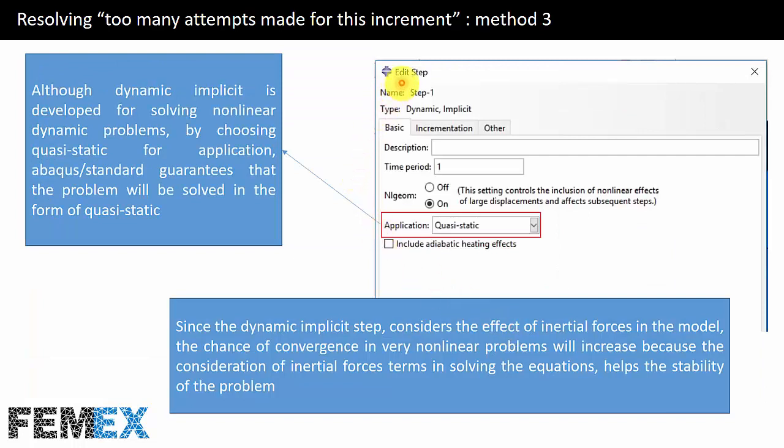This is the dynamic implicit settings dialog box. Dynamic implicit step is developed for solving nonlinear dynamic problems. By choosing quasi-static for application, Abaqus standard guarantees that the problem will be solved in the form of quasi-static.